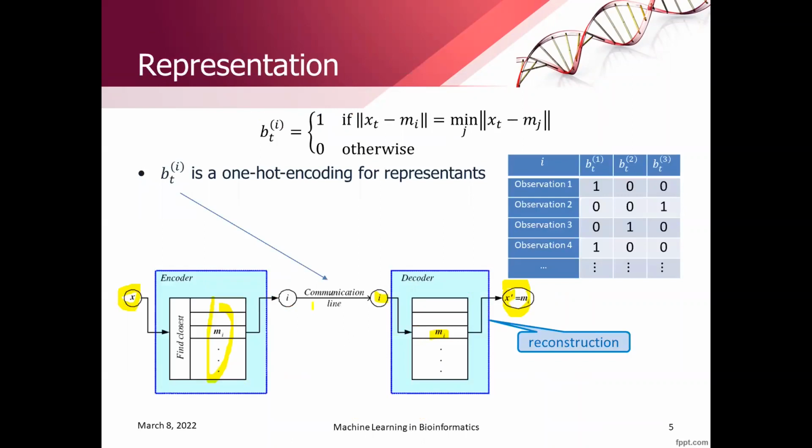So this was the idea. Here is just an illustration for the vector b. Observation 1 belongs to class 1, so we have 1 for b1,1 and 0 for the rest. Observation 2 belongs to class 3, and so on.